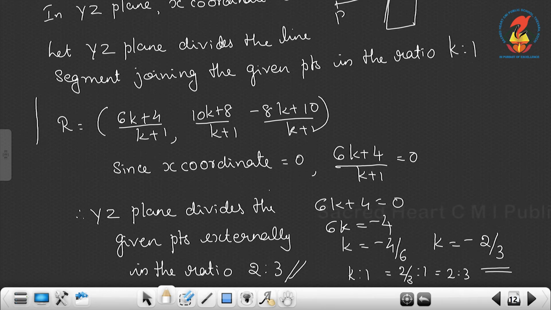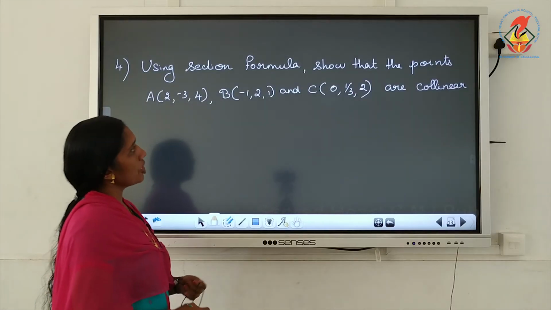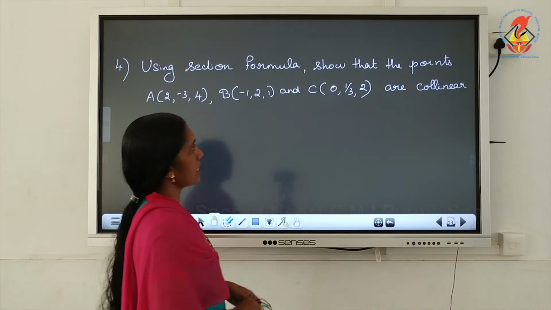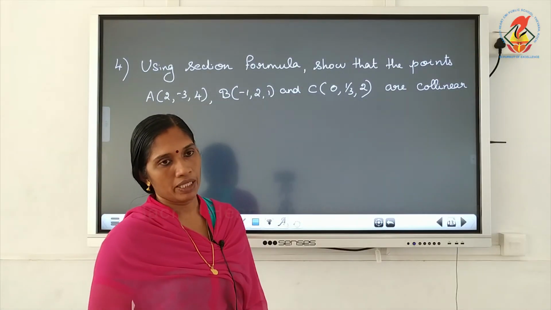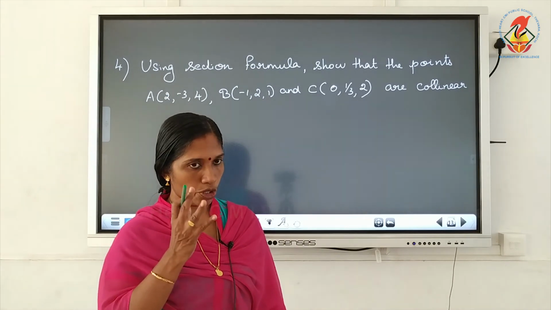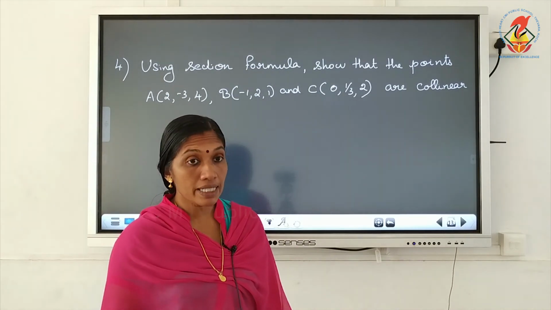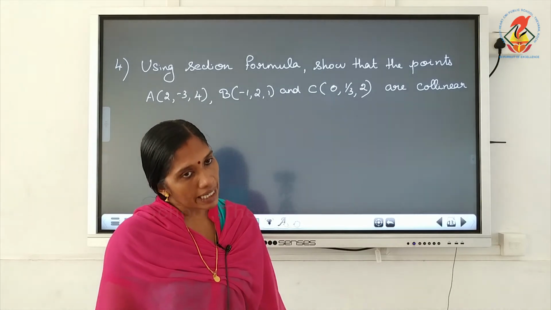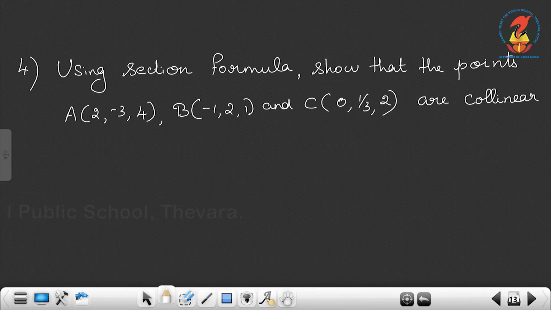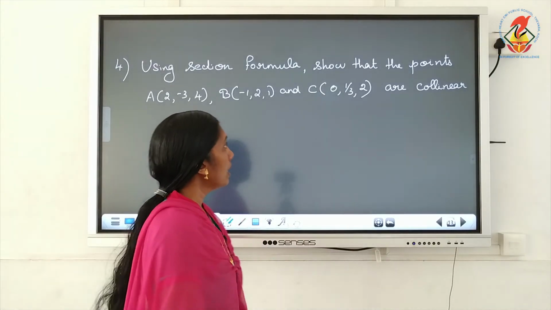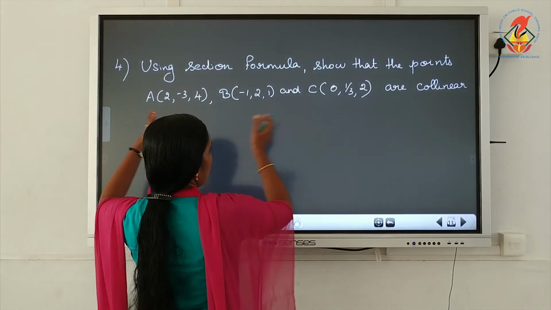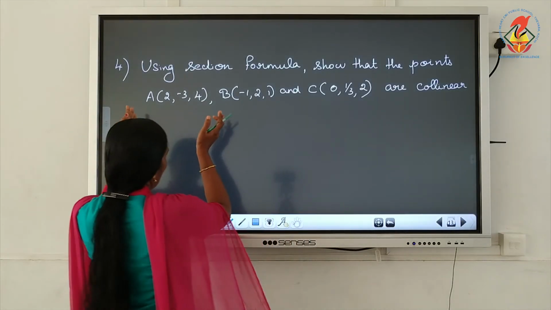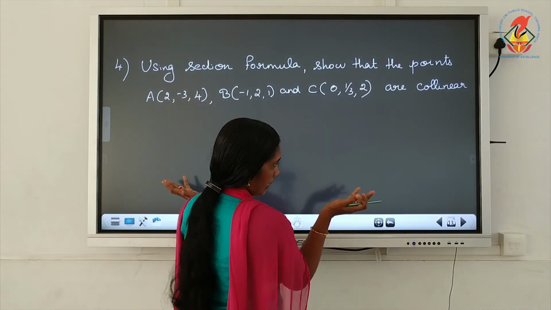Okay. Next one. Using section formula, show that the points A, B, C are collinear. So, in the last video, we showed that points are collinear using distance formula. Here we have to prove the points are collinear using section formula. That is, we have to prove all the 3 points are on the same line. So, first you have to take any 2 points, either AB or BC or AC.